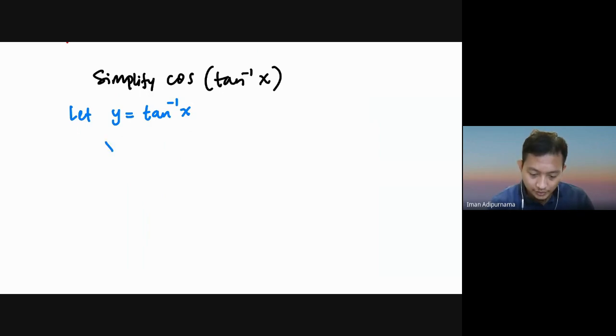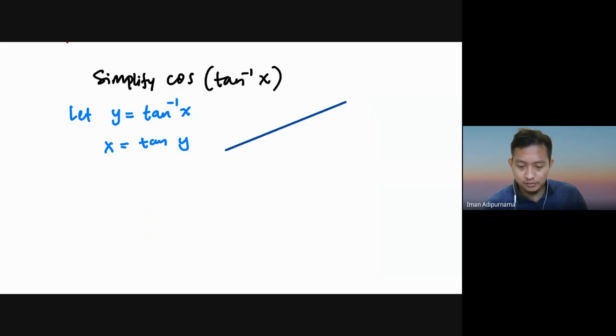So x is tangent y, and in most of inverse trigonometry, when you want to simplify, I prefer to draw a triangle so that you can easily get the visuals.